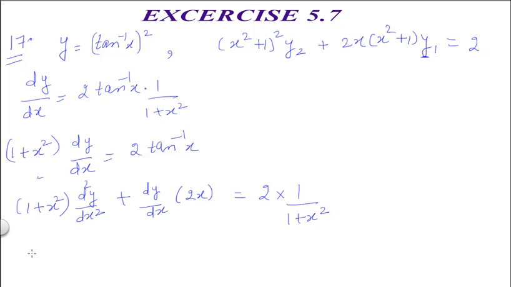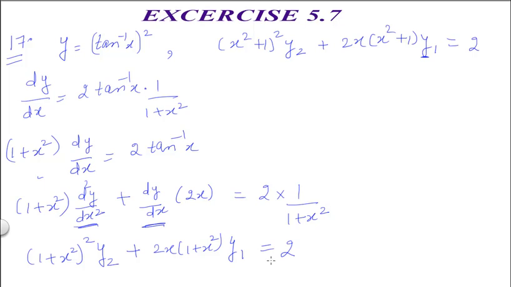Now again multiplying the complete equation with 1 plus x square, we will have 1 plus x square whole square, this can be represented with y2 because this is the second order derivative, plus 2x into 1 plus x square into y1, equals 2.